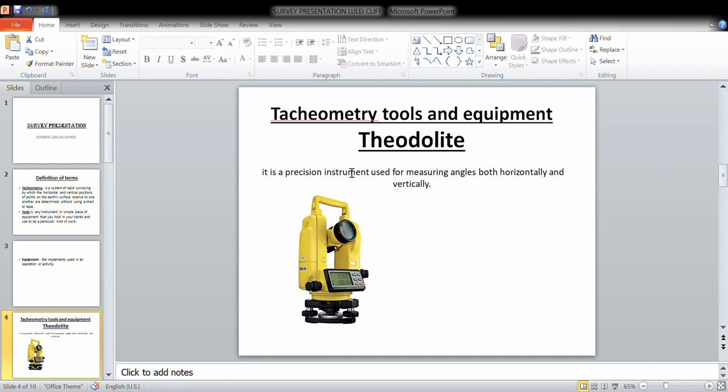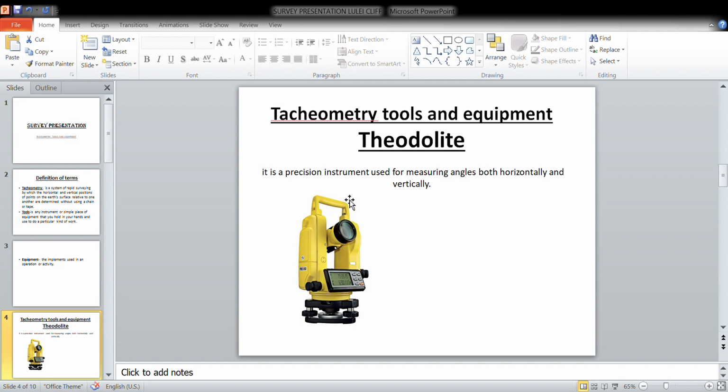The term theodolite can also be equated to the term tachymetry because when we defined tachymetry, we said it is a system of rapid surveying by which the horizontal and vertical positions of points on the Earth's surface are determined relative to one another.